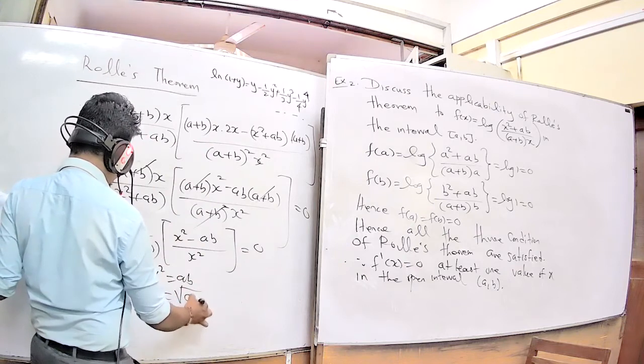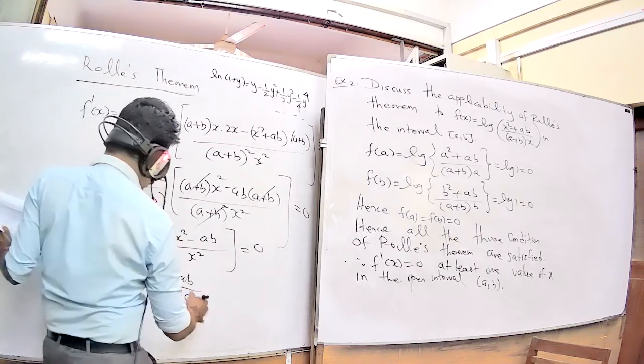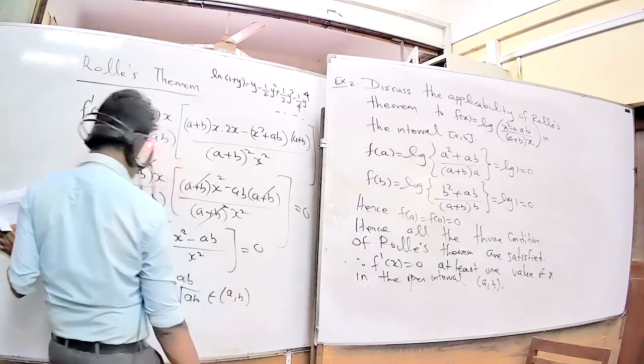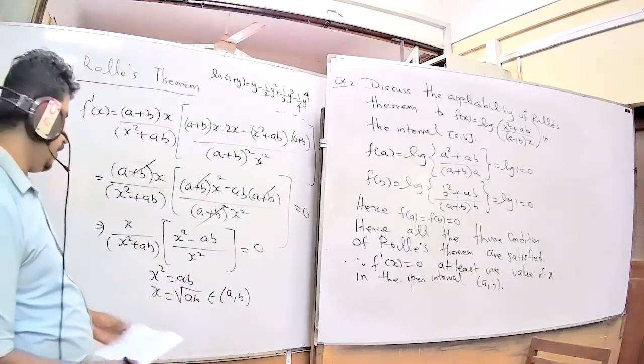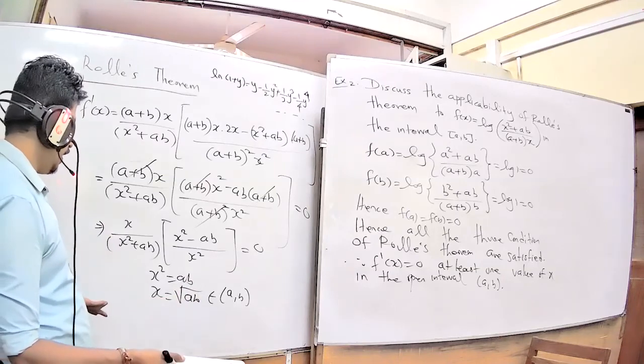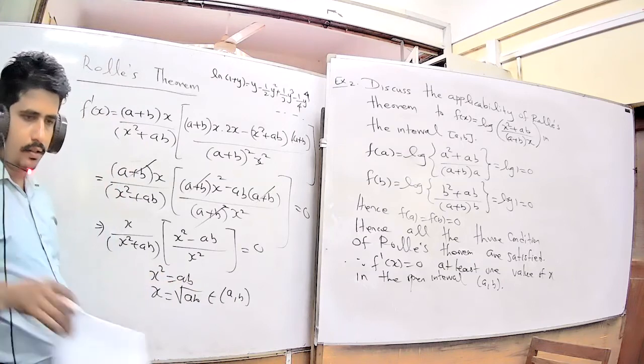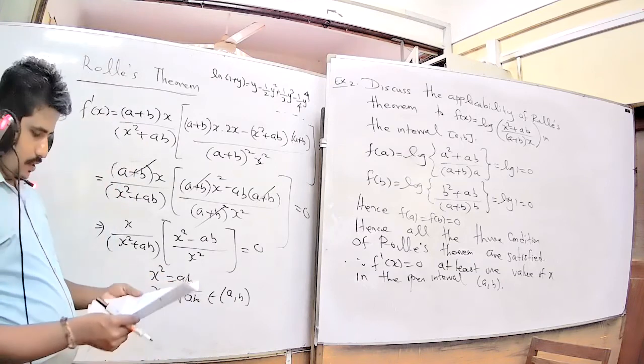Therefore the only possible value is the square root of ab, because you want to find this point within this interval. There is no possible negative value and no possible zero value, so x is the square root of ab.